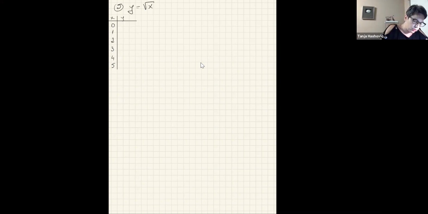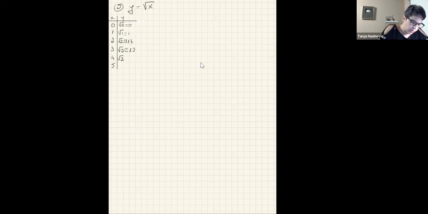All right, so the square root of 0 is 0. Square root of 1 is 1. Square root of 2 is approximately 1.4. If you plot that in your calculator, the square root of 3 is approximately 1.7.